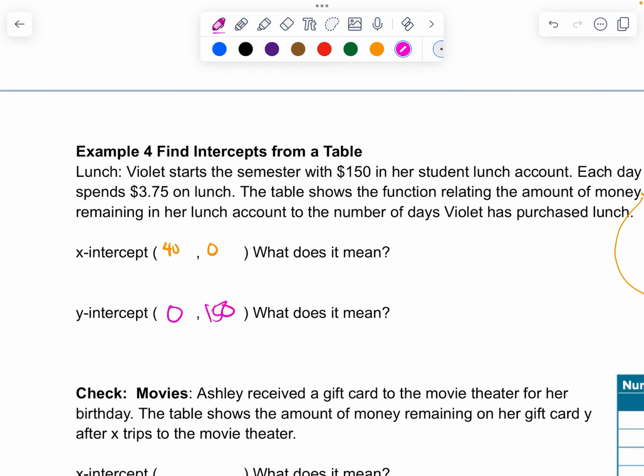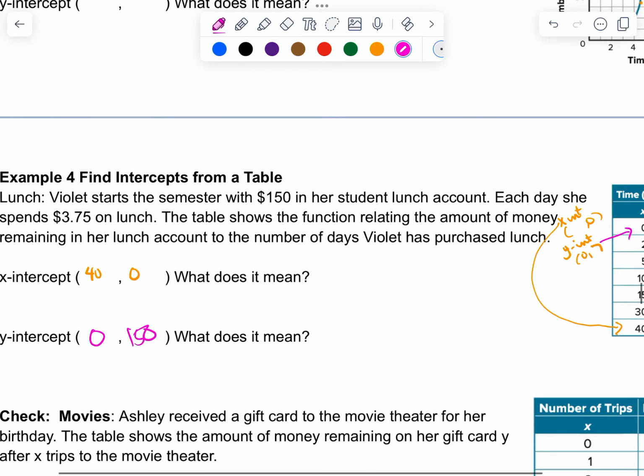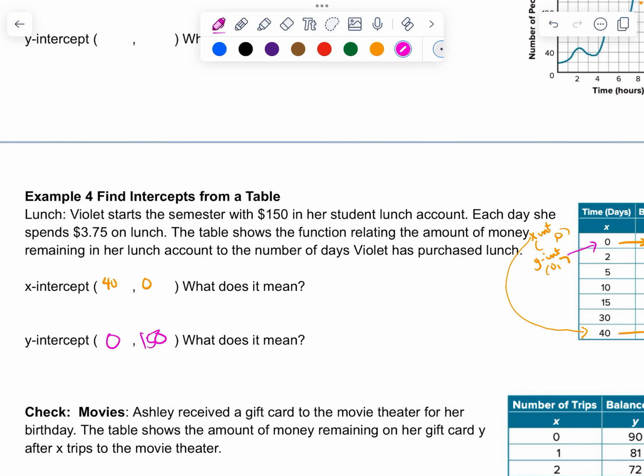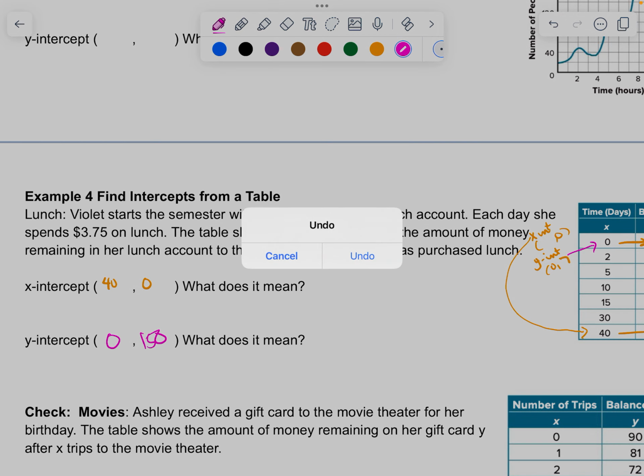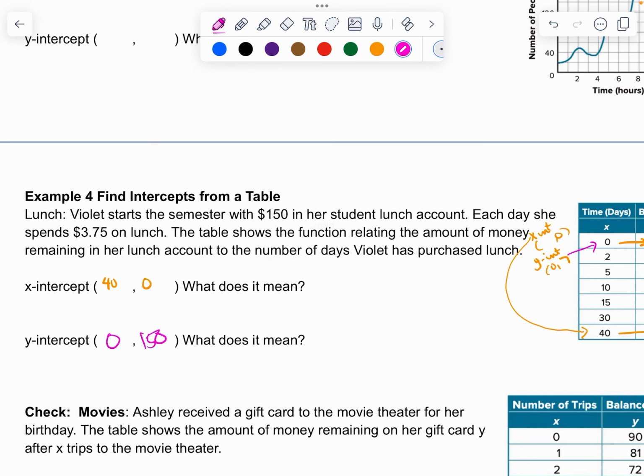So let's look at what the problem actually says. Violet starts the semester with $150 in her student lunch account. Each day, she spends $3.75 on lunch. The table shows the function relating the amount of money remaining in her lunch account to the number of days Violet has purchased lunch.